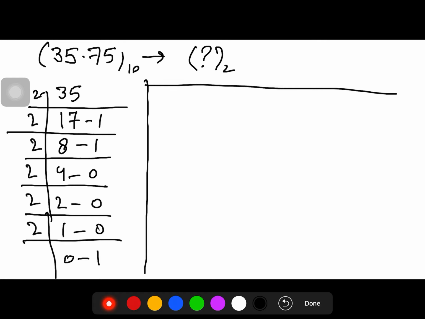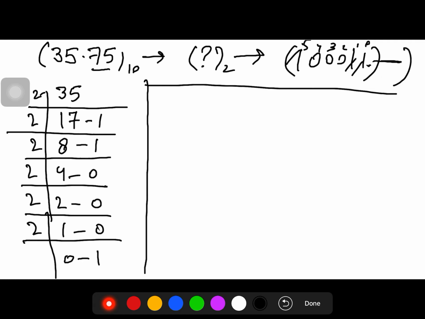The integral part would be 100011. This is positions 0 1 2 3 4 5. This is 32 plus 3, which is 35. But we are missing the fractional part.